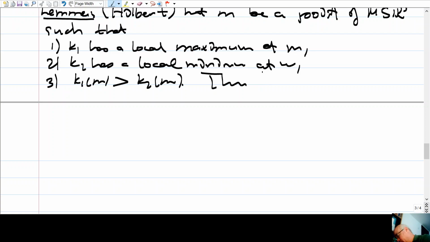Then the conclusion is that the Gaussian curvature at this point cannot be positive.